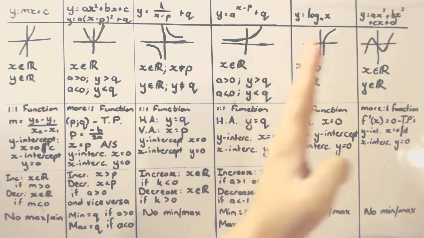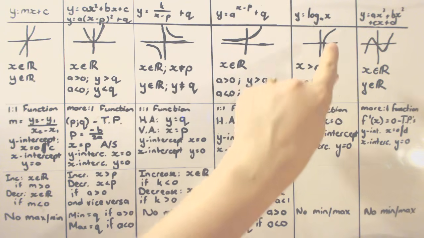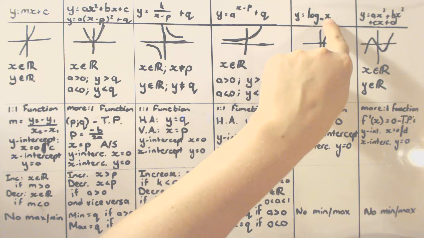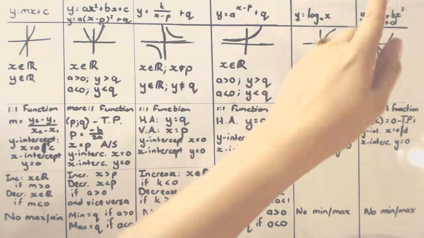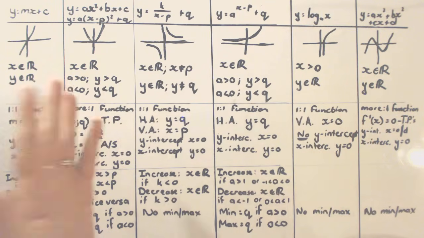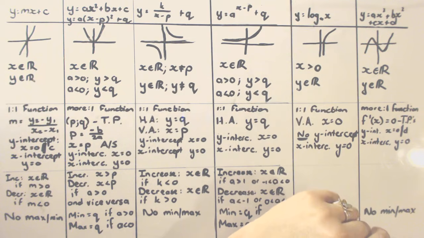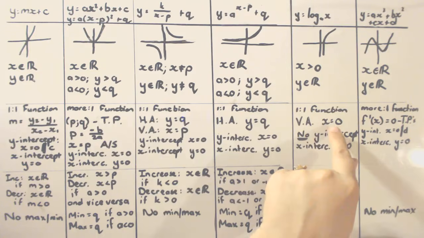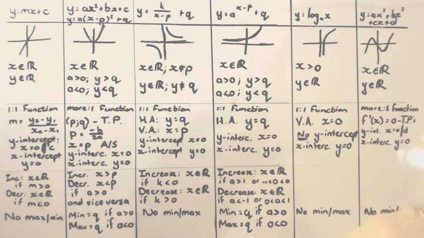It can move sideways, so if I put a bracket there, x minus p, then that p value will be the vertical asymptote's value, same as with all of the other graphs, but we don't do that in high school. But it's good to know that anyway, so understand that the same thing works throughout for all of the functions.